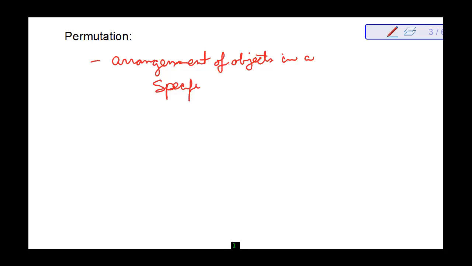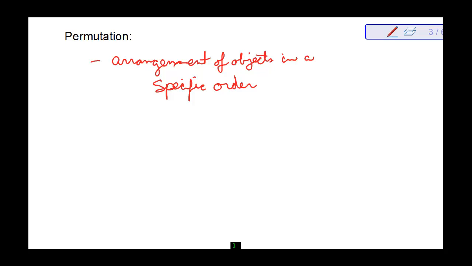One thing that we're going to look at also is what we call permutations. Permutations is the arrangement of objects in a specific order. So we have to make sure that we're doing it in a specific order.